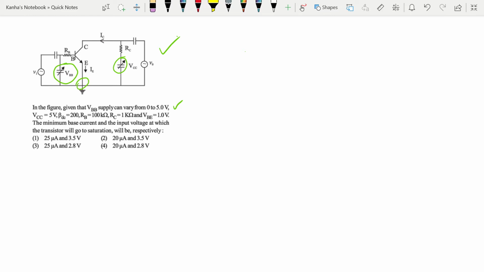Now you should know that at saturation VCE is equal to 0. So the potential drop between C and E will become 0.